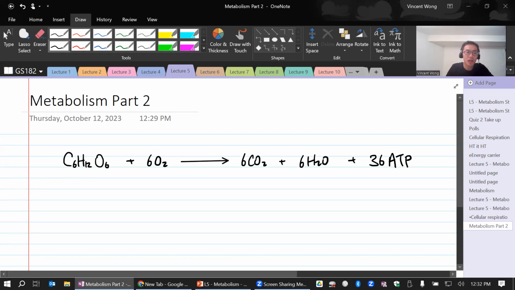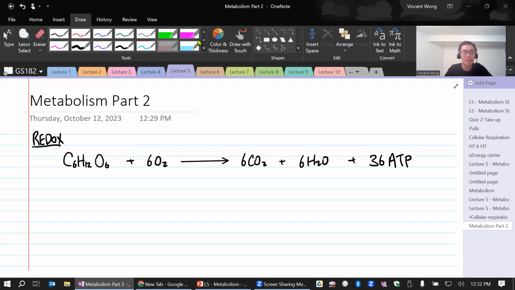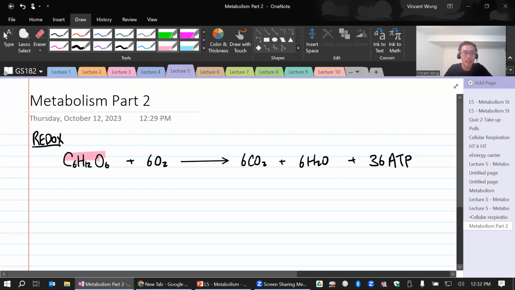And we call this a redox reaction because some of the reactants, well, the glucose is going to be oxidized while the oxygen is going to be reduced. What that means is we will be taking electrons from glucose, and when we are done taking electrons from glucose, it will be completely broken down into carbon dioxide.